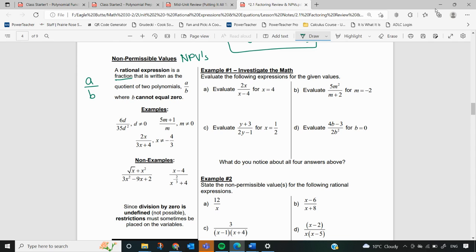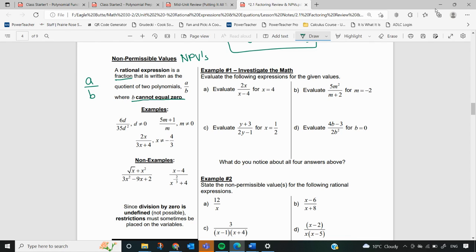When we are dividing on our calculator, one number that we cannot divide by is 0, because that's undefined. Okay? And so because we're going to have variables in the denominator, we're going to have to deal with that restriction. So first of all, let's take a look at some examples and non-examples of rational expressions.